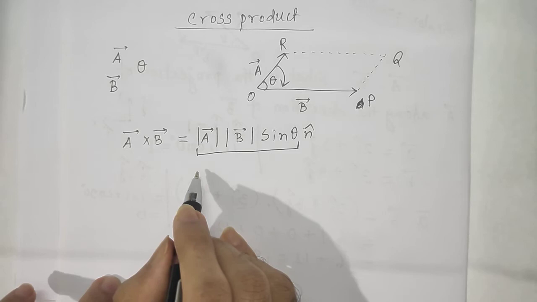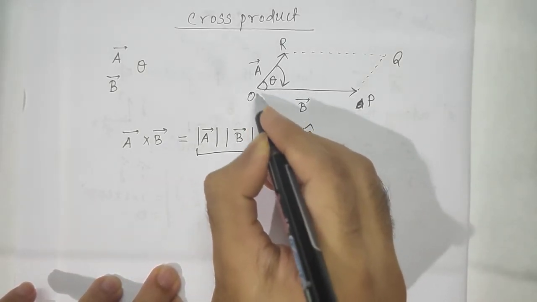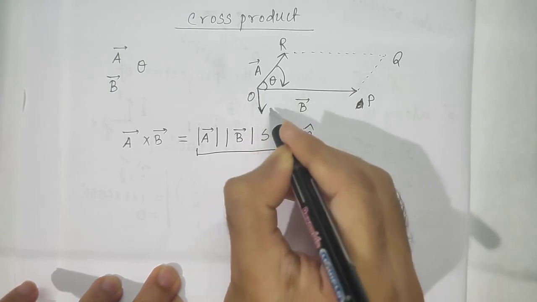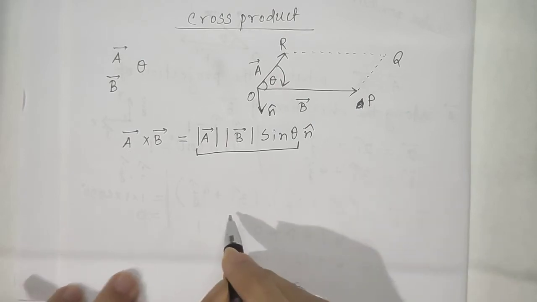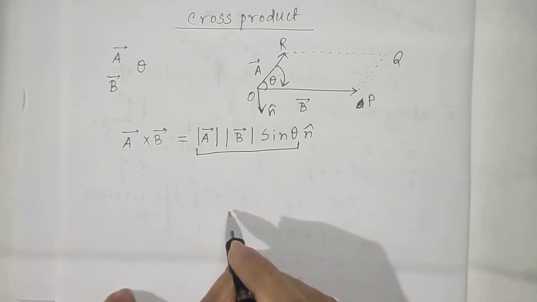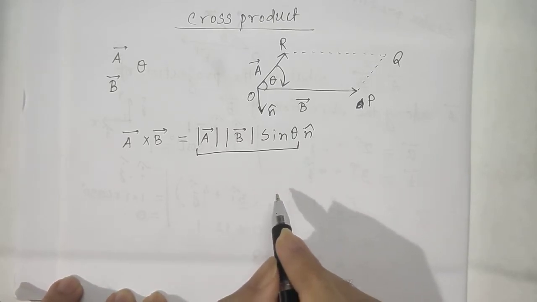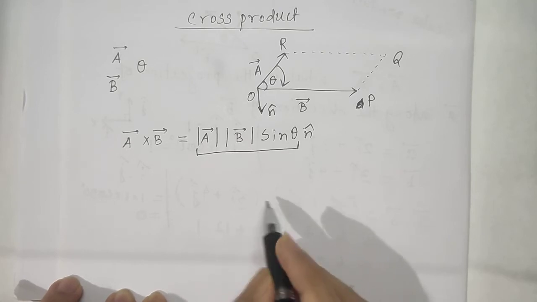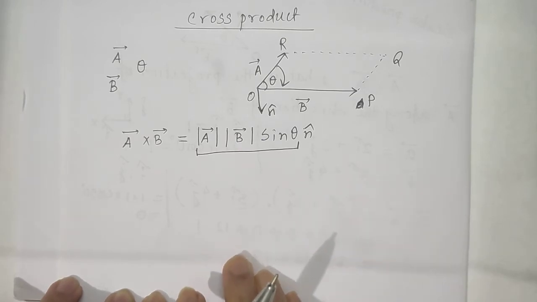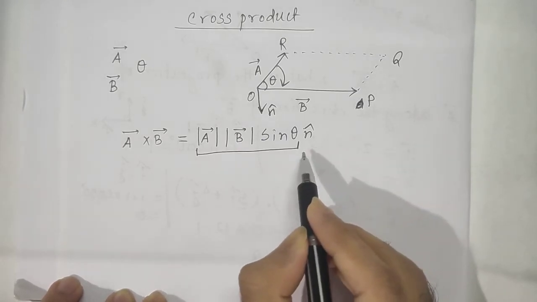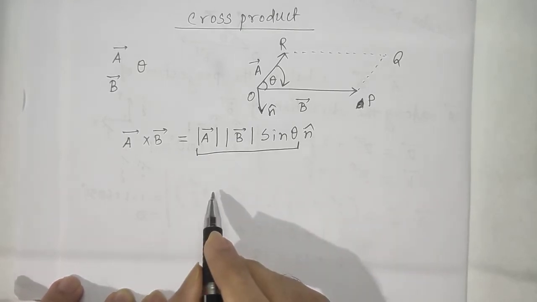If this is clockwise motion, then the direction of the n cap will be downwards or on the negative side. This will be n cap. So you have to remember that if you are moving in the clockwise direction, then the direction of the unit vector will be negative. But if you are moving in the anti-clockwise direction, then the direction of the n cap or the unit vector will be positive. Okay, so these are the things.